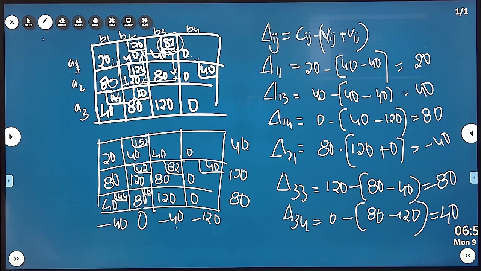Again we need to do the degeneracy. Again we need to calculate the same thing. So do it now. Tell me, are you getting any positive figure or not?